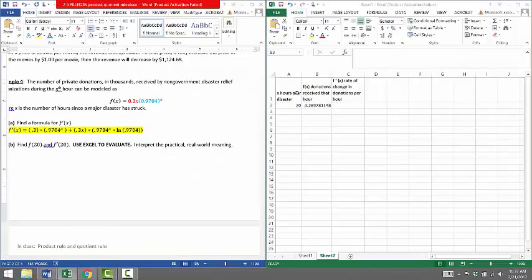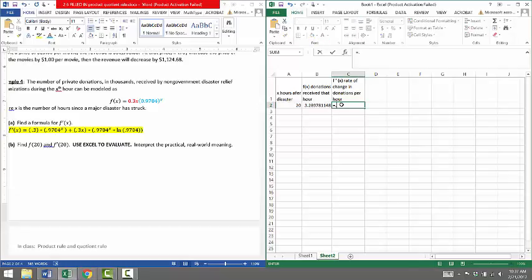In Excel, in column A, I have put X, which is the hours after the disaster. So this X is 20. And in column B, I have input our f of x function that was given to us, 0.3x times 0.9704 raised to the x. And now in column C, I'm going to enter our f prime function.